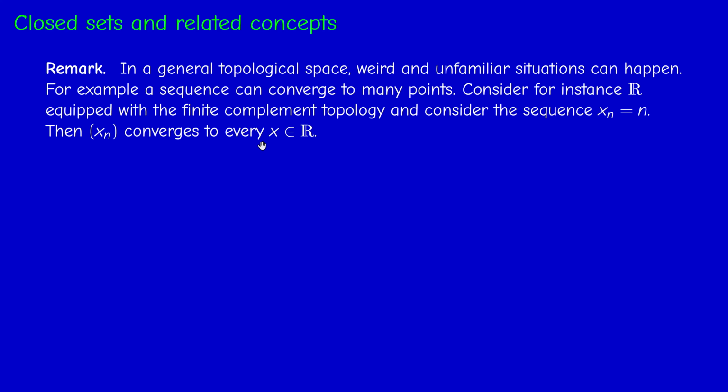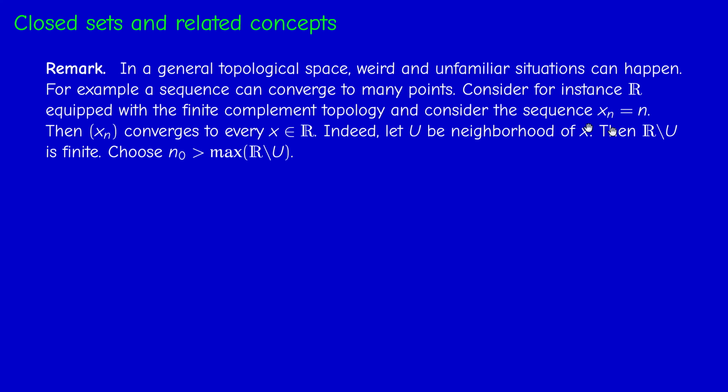How do you know that? We go back to the definition. So we consider a neighborhood U of x. Of course, we may assume that U is open. Otherwise, you replace it by a smaller one. We can always assume neighborhoods are open. Since it's not empty, then by definition of the finite complement topology, the complement of U is finite. So it's a finite set.